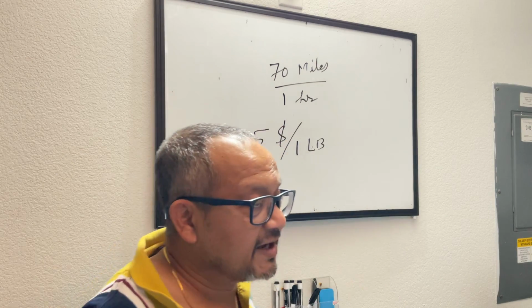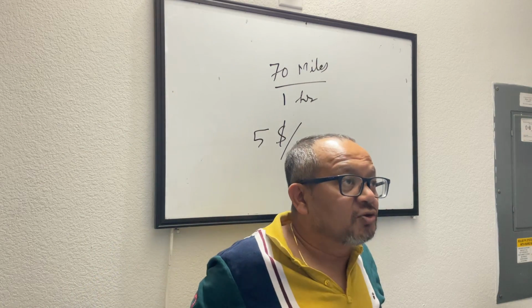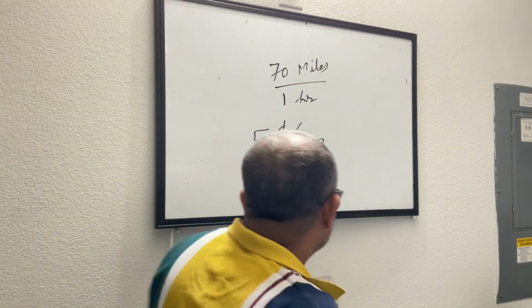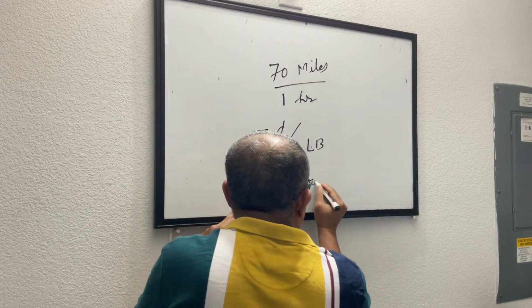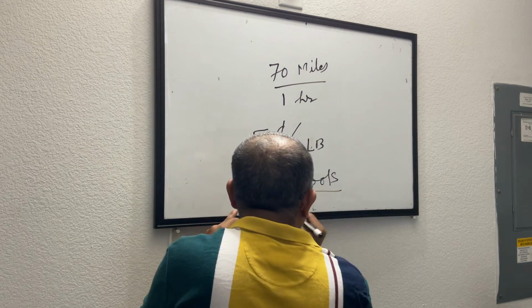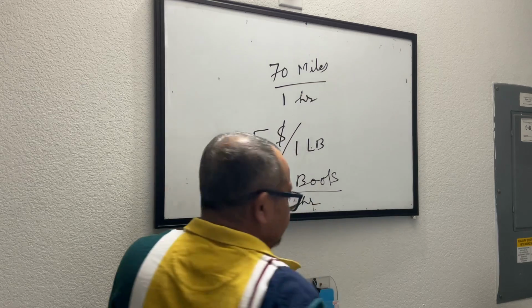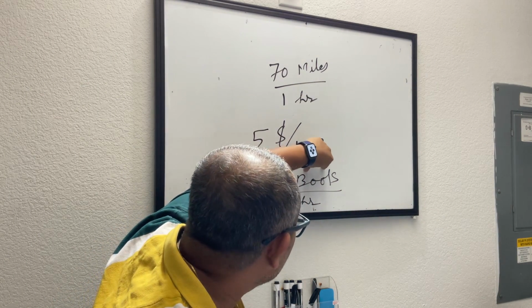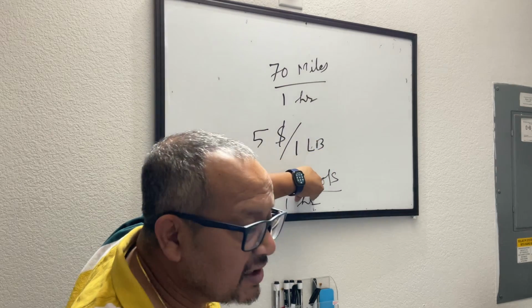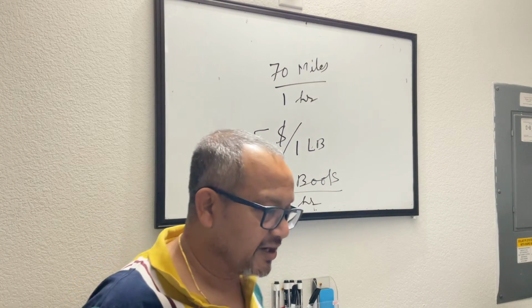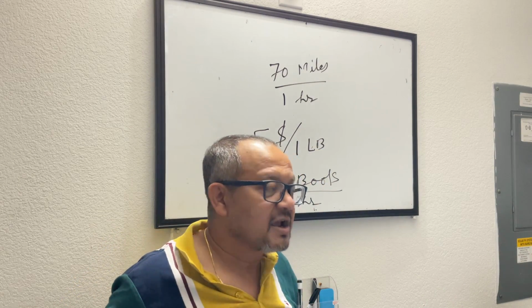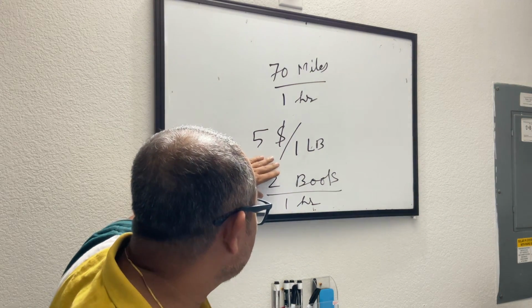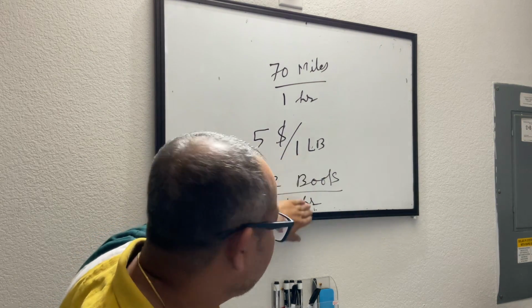Okay? If I say I can read 2 books per hour, 2 books for every hour. So here, look at this. Your unit in the numerator and unit in the denominator are different. That's why it's called rate. When you are comparing one value against another value with different units, that's when it converts to rate.